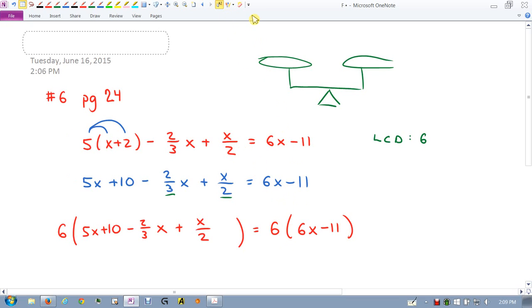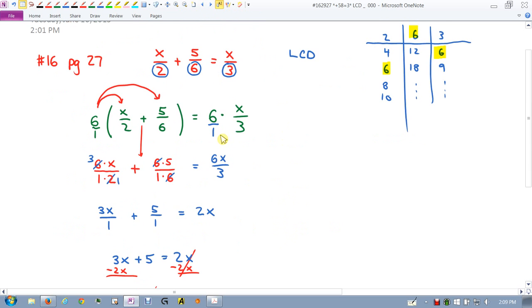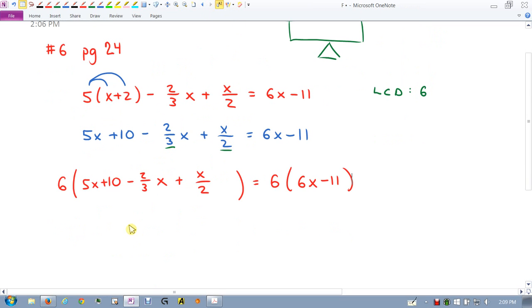Like on the previous problem, when I multiplied the 6 on the left, I had to use parentheses because I had 2 terms. On the right, I didn't use parentheses because I only had 1 term. So multiple terms require parentheses. That way, on your next step, when you distribute the 6 through, the 6 will go to everything here, and then the 6 will go to everything over there.